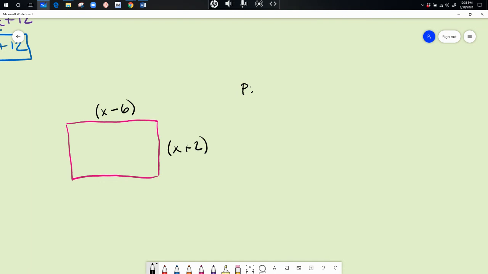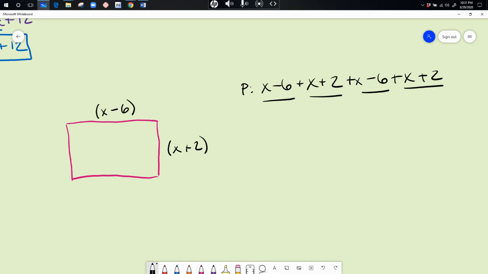Perimeter is add all the sides. So one side is x plus 6, plus one side is x plus 2. And we really have another x plus 6 and another x plus 2. So there's one side, there's one side, there's one side, and there's one side.